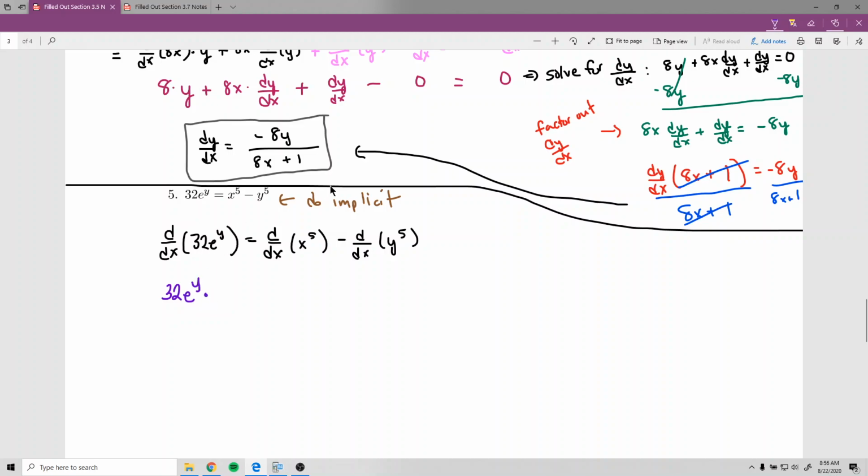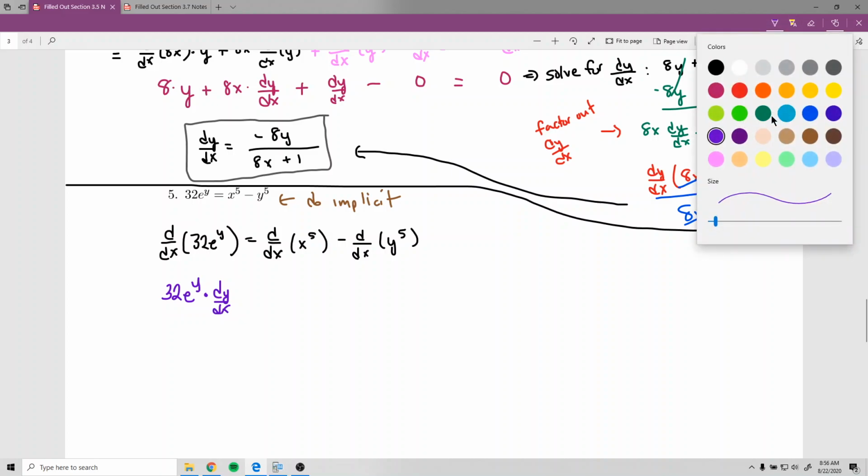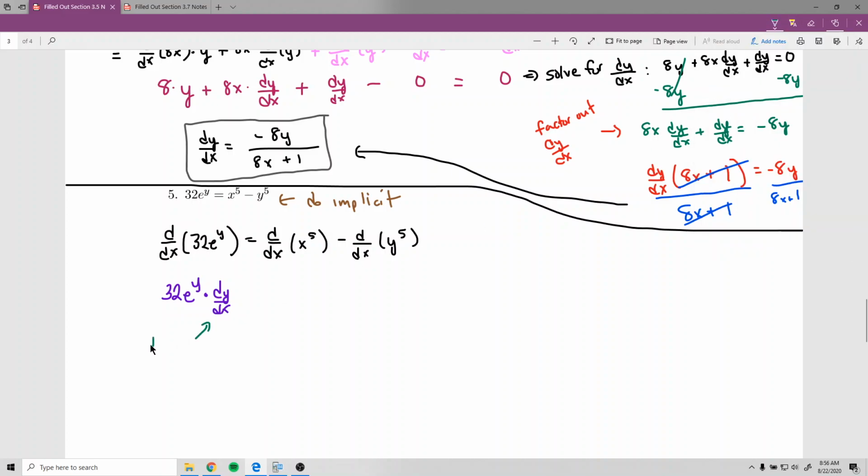And then we multiply by the derivative of y, the exponent, which is itself. That's the chain rule part. And that's just a reminder from last section in case you're still a little shaky on that.